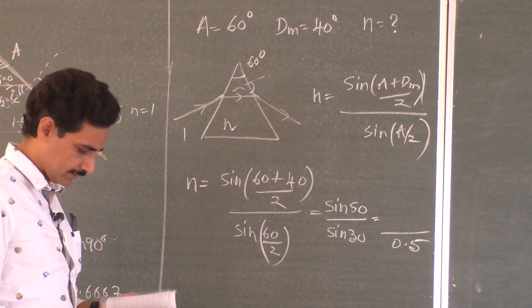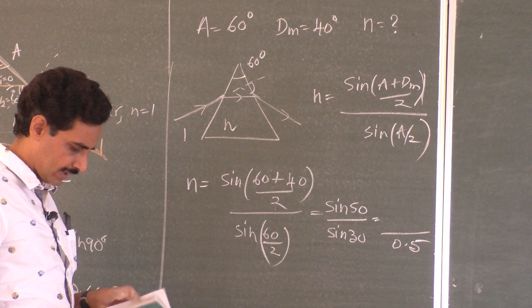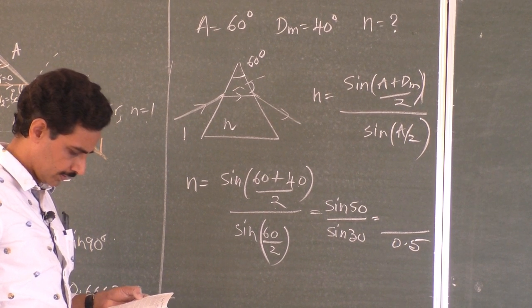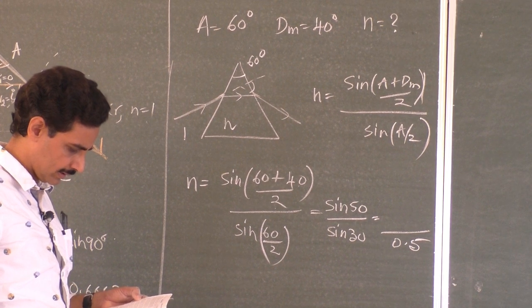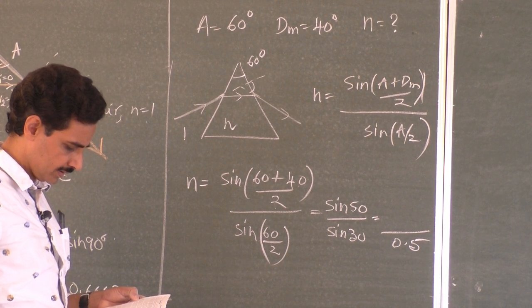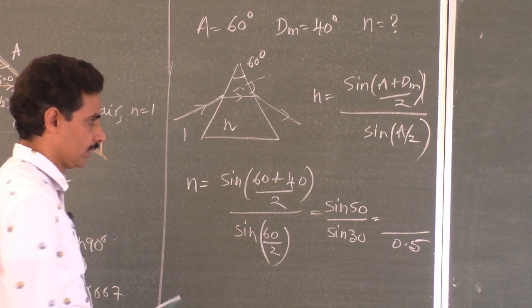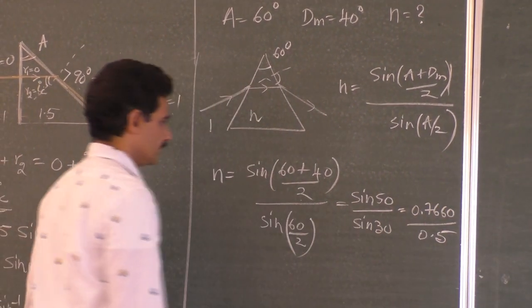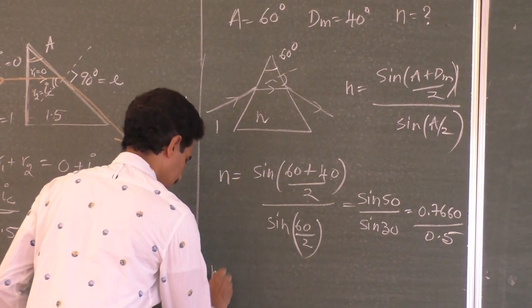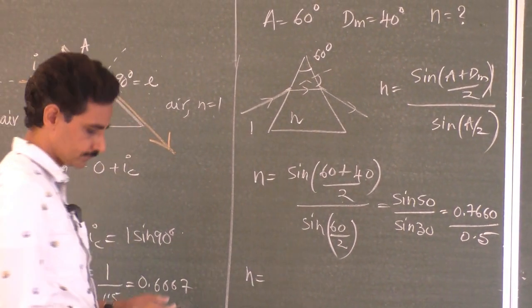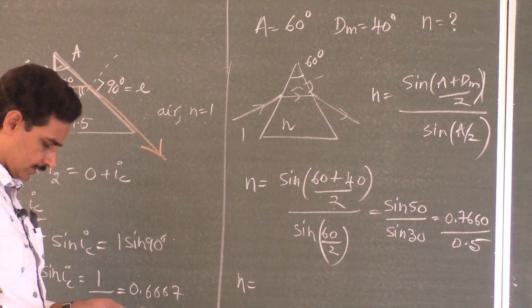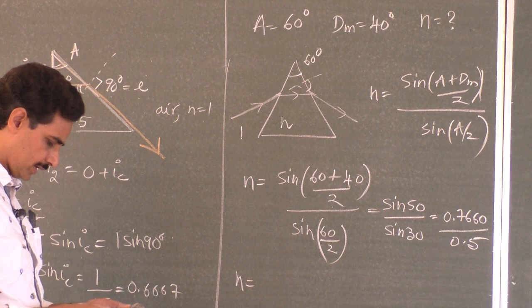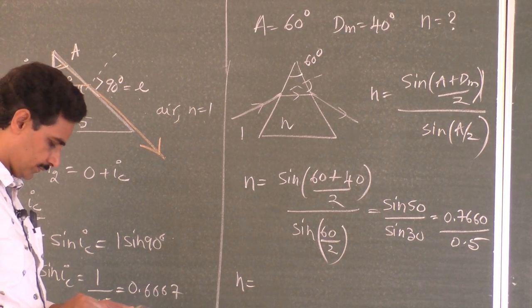Sine 50 is in the natural science table. Sine 50 is 0.7660. It is in the first column itself, 0.7660. So the refractive index n is equal to 0.7660 divided by 0.5.